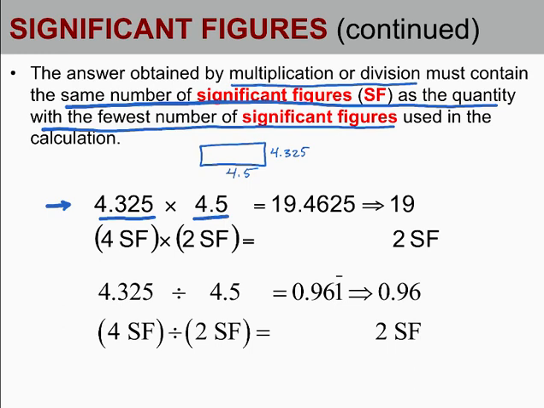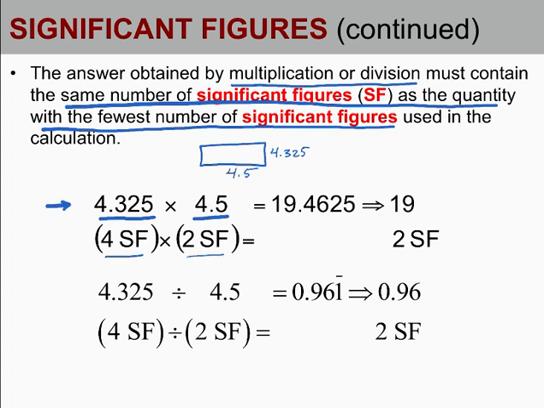Or in multiplication and division, the answer has to reflect the least accurate measurement, because we can't be more accurate than our least accurate measurement. So the first value has 4 significant figures. The second value only has 2 significant figures. So that means our final answer also has to have 2 significant figures.